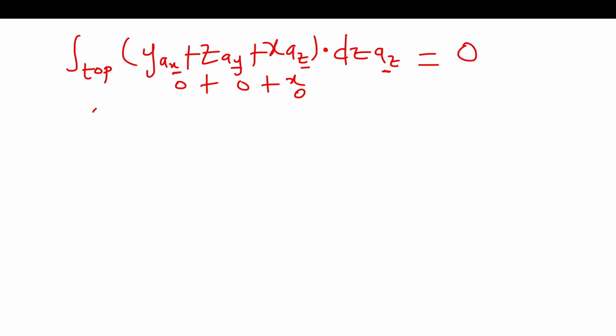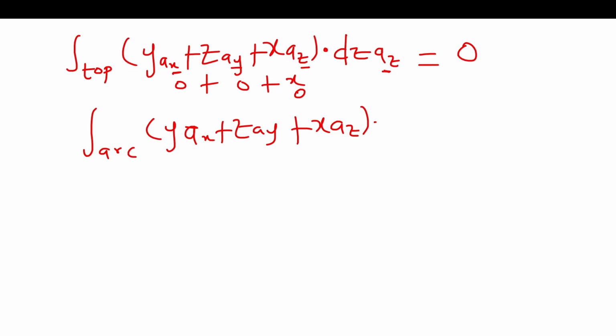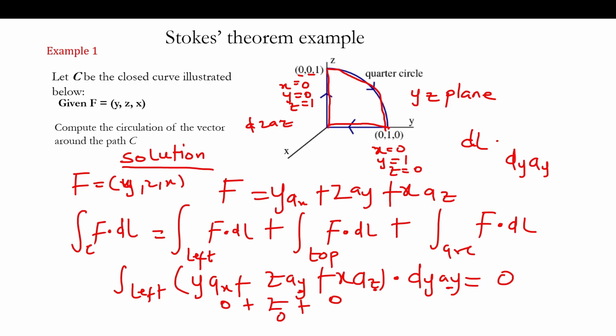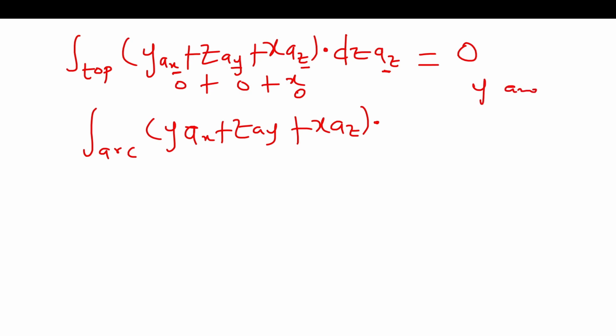Now let's consider the arc. Once again, I have my F multiplying my dL. Now let's see something here. The dL for the arc here, as you can see, has both y and z parts. So if that's the case, then what is going to be the differential length? It's going to be ay dy plus az dz, since it has both the dy and the dz part.